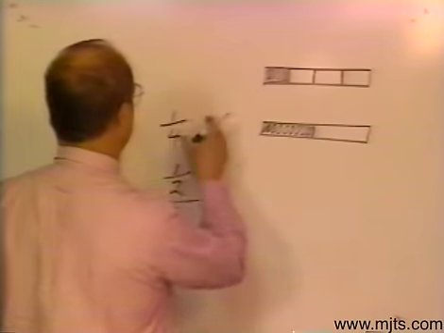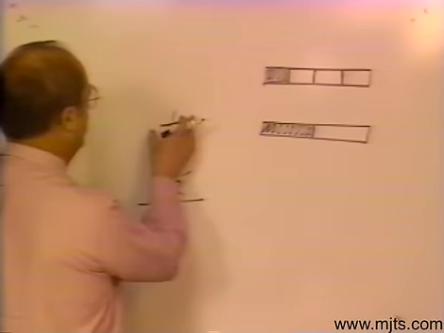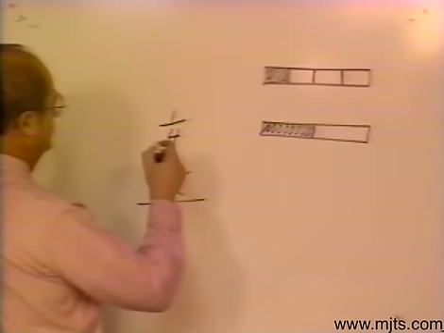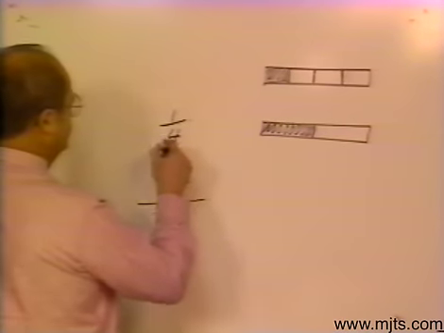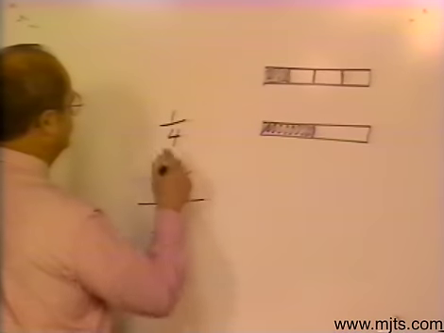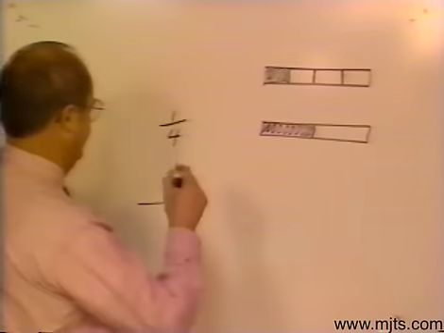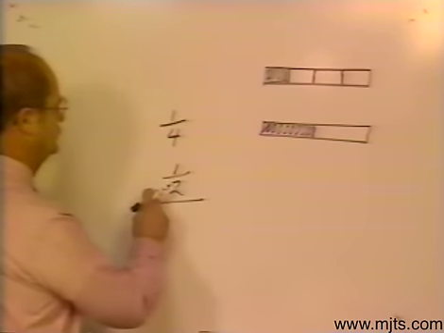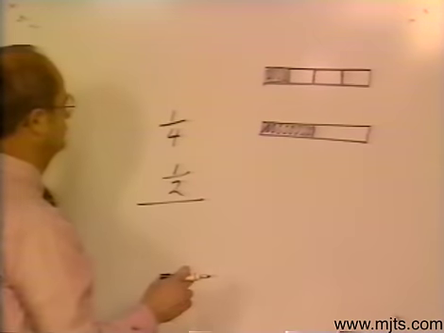So what I have to do is make all of the same common denominator. Now, if I change this 1/2 to 4ths, I can multiply the same number on both sides and not change its value.